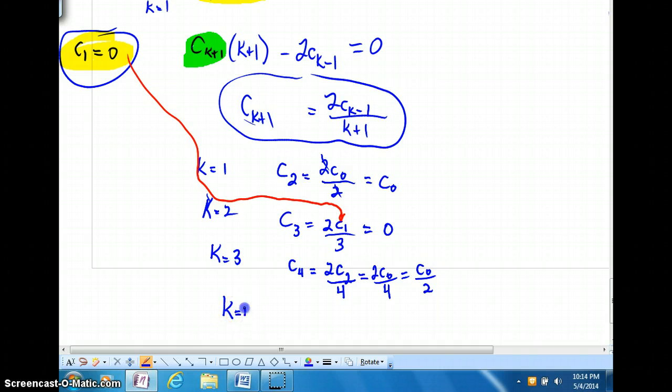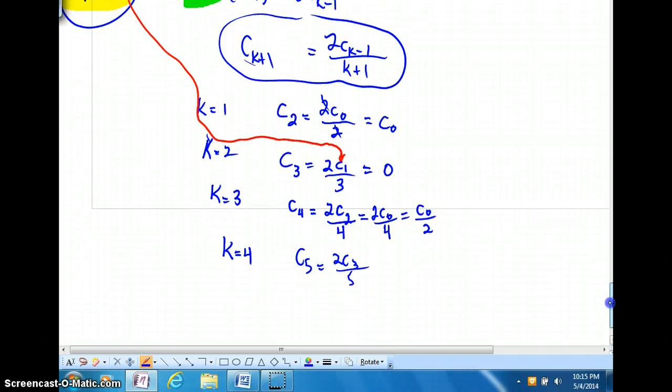Let's keep going. What happens if we find c sub 4? K equals 4. That means we go to c sub 5. 4 minus 1 is 3, so we'd go 2 times c sub 3. Now if we're really on our toes, we're going to know what's happening immediately. Look, and down below, k plus 1 is going to become a 5.